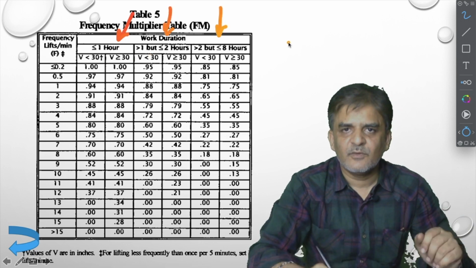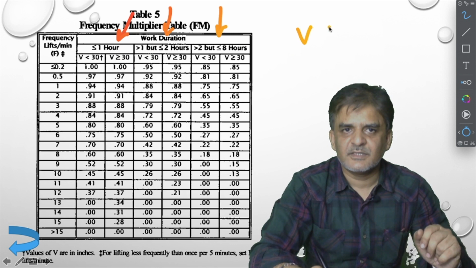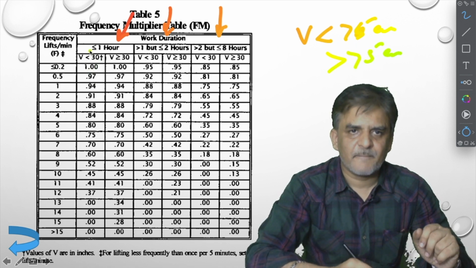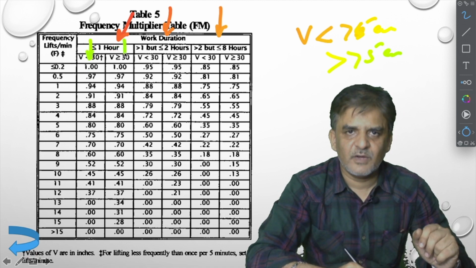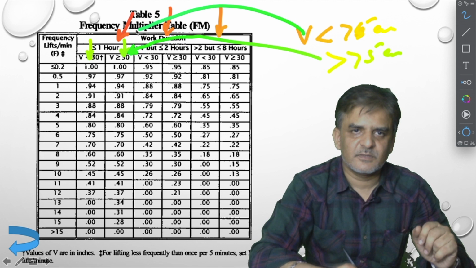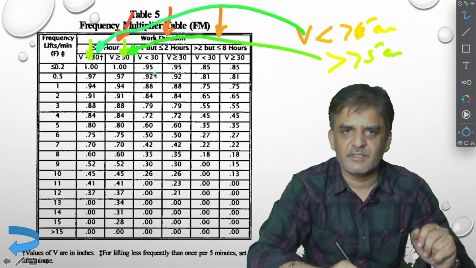Within that we have either vertical distances less than 70 centimeters or more than 75 centimeters. So for this first one we have to follow this, and for the other we have to follow the second one. This is for the second one, this is for the first one, and the same over here and over here.